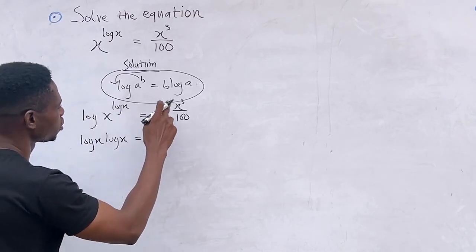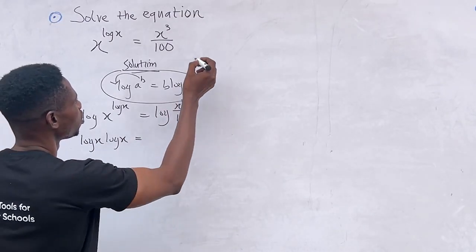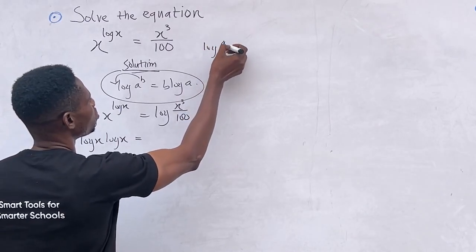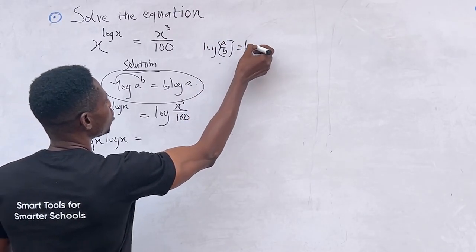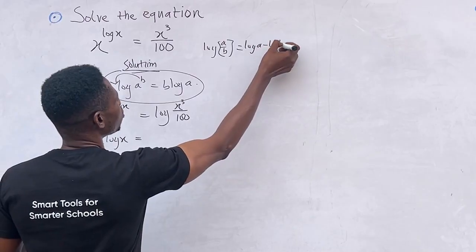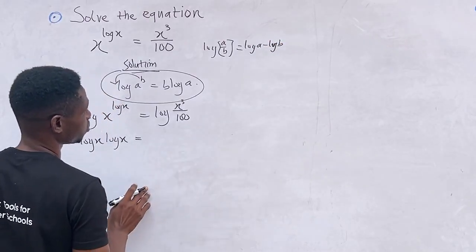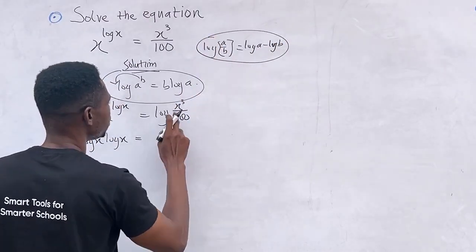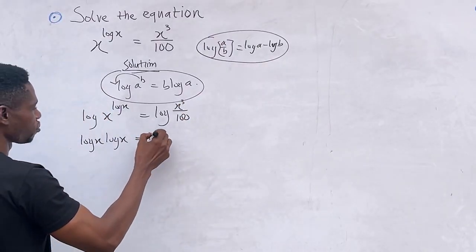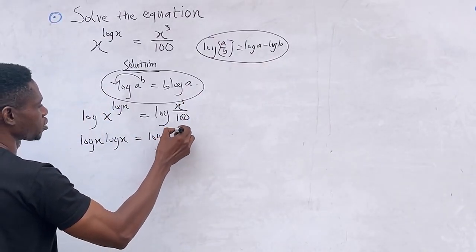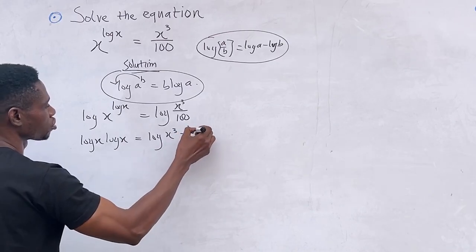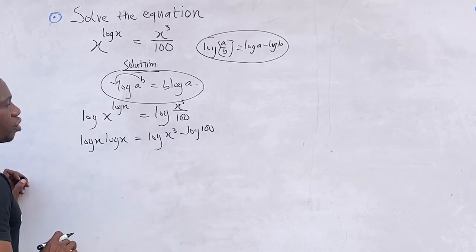If you remember the quotient law of logarithm, log a over b can be written as log a minus log b. So applying this here, we'll have log x cubed minus log 100.